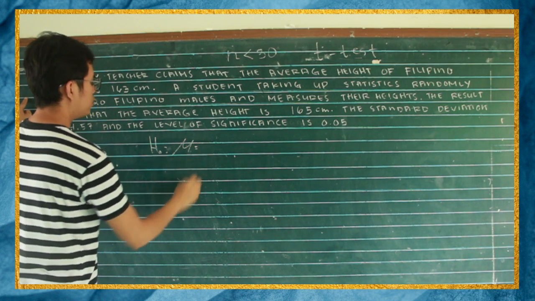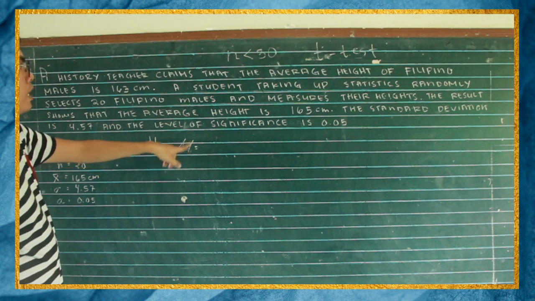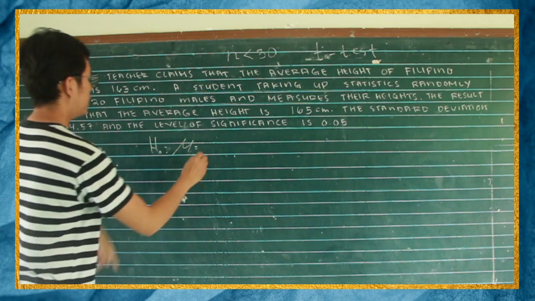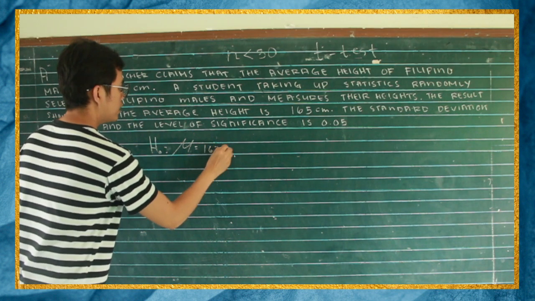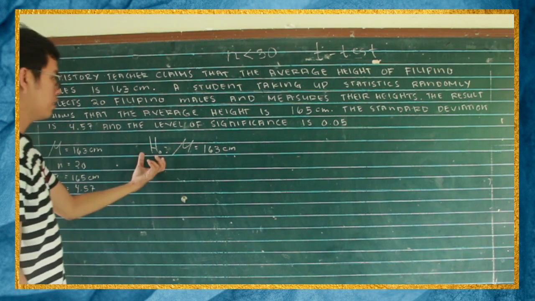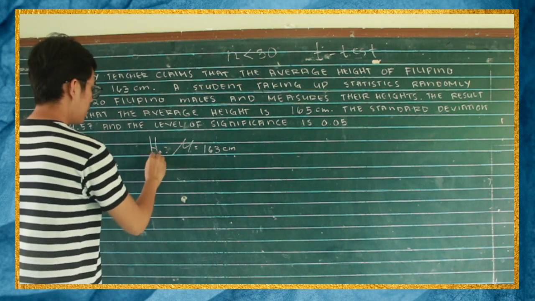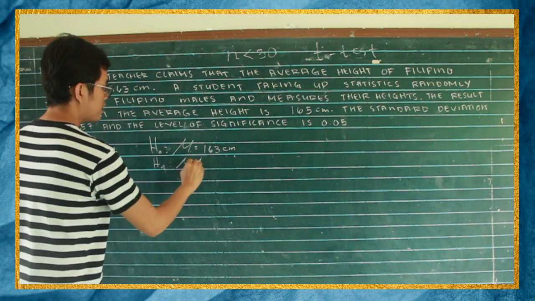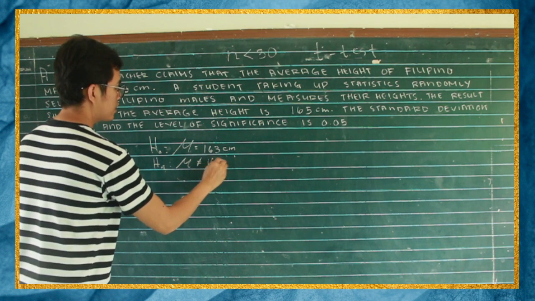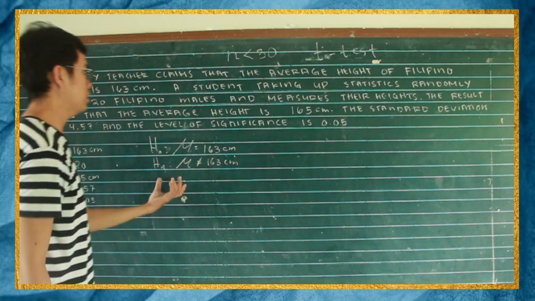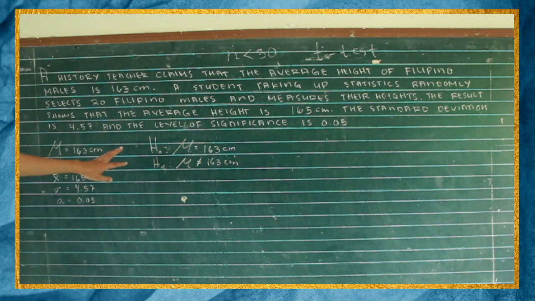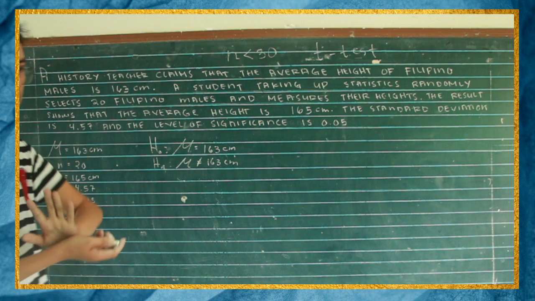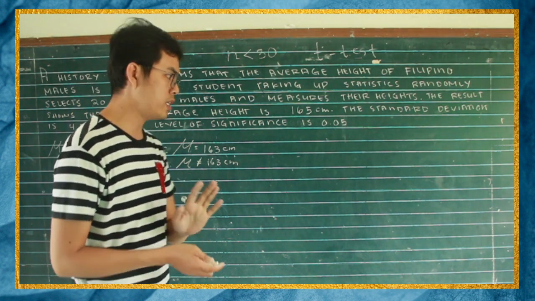So the population mean for the average height of Filipino is 163 cm. Yung claim na against the null hypothesis, that is the alternative. So the population mean is not equal to 163 centimeters.